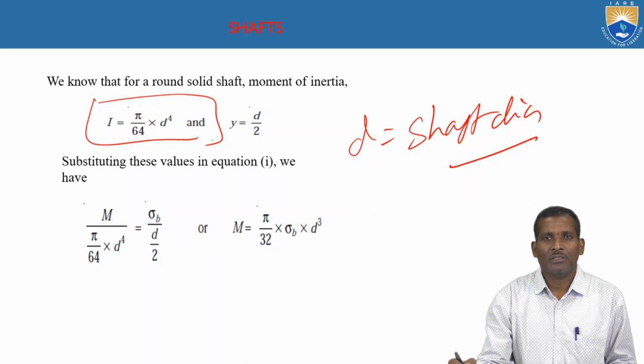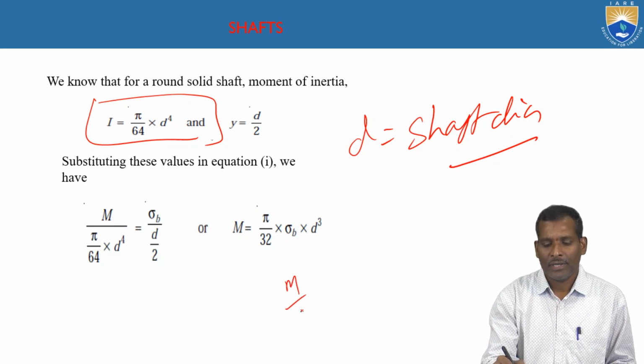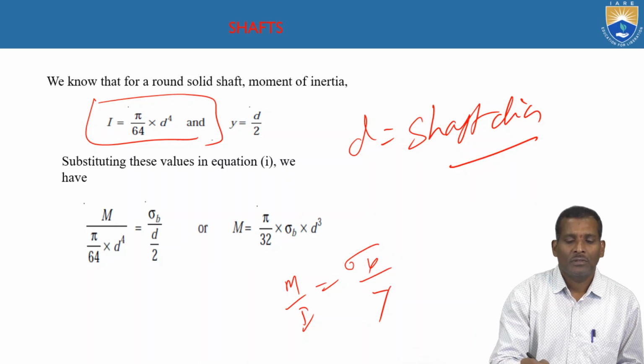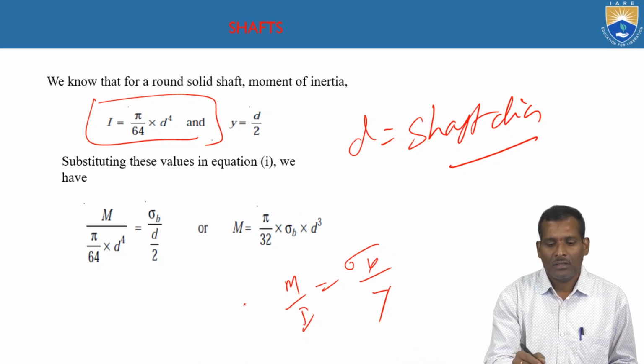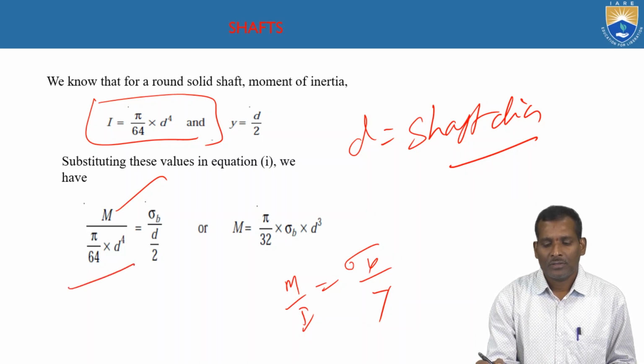Substituting these two values in equation 1, M by I is equal to sigma b by y: in place of I, substitute pi by 64 into d to the power of 4, keep the bending stress as sigma b, and y is d by 2.